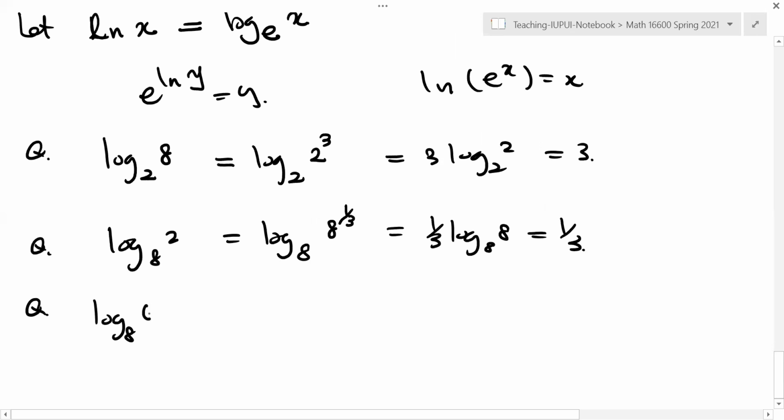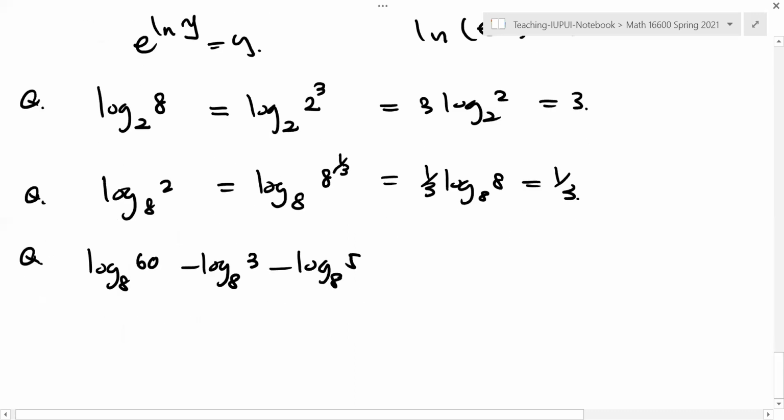Let's maybe do one more complicated one. We have 3 terms. Okay, we're trying to simplify. You cannot simplify each individual, but combined maybe. According to the formula, the first 2 terms, it's a difference with the same base.